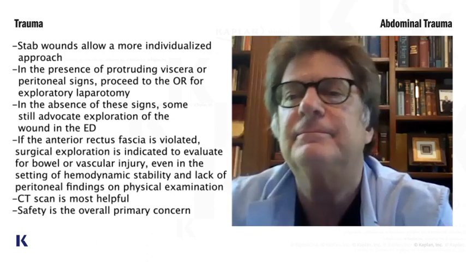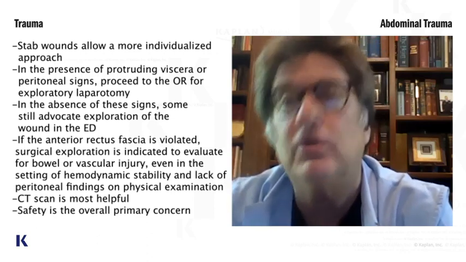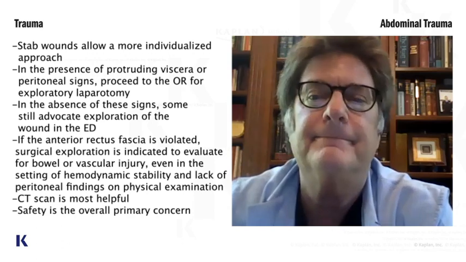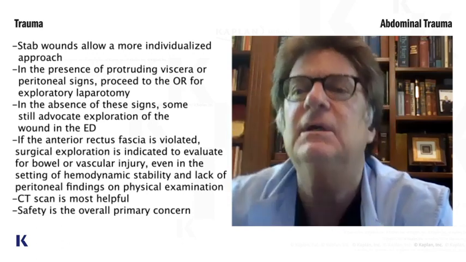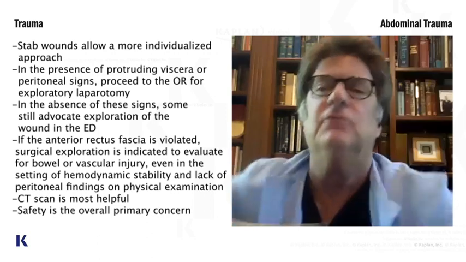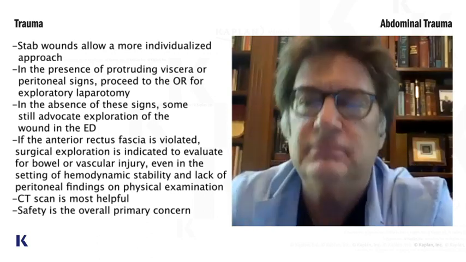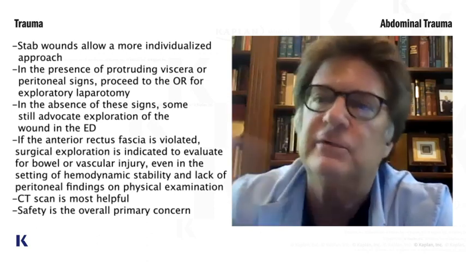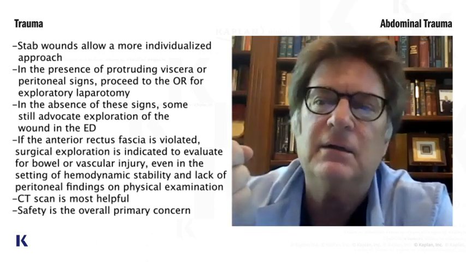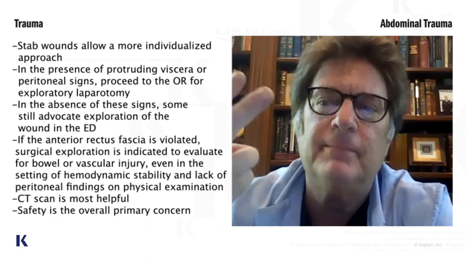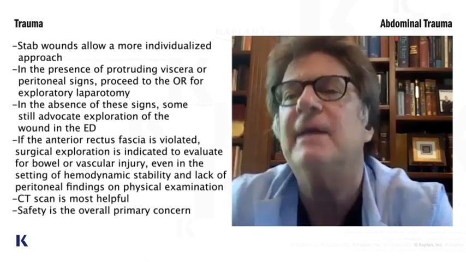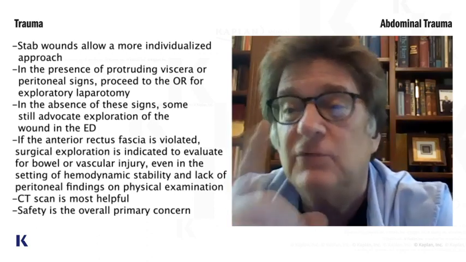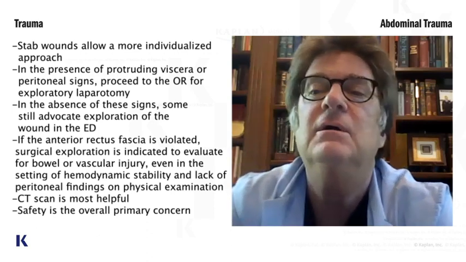Number two, acute abdomen. Number three, distended abdomen, where the guy is way out there, blood in there. You're going to the OR. Let me repeat those three. Shock, acute abdomen, distended abdomen. If they don't have any of those, you get a CAT scan.